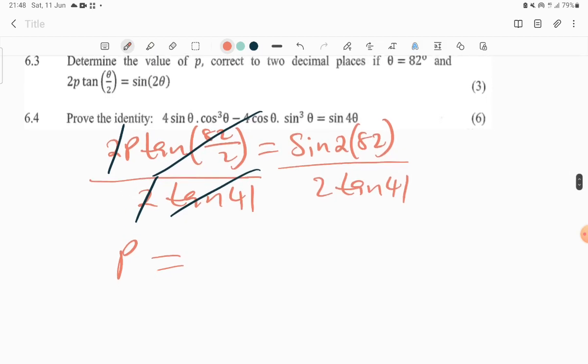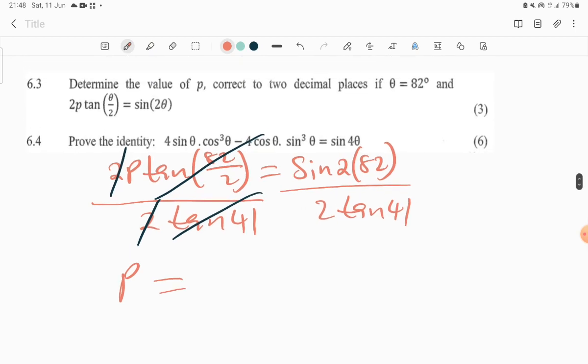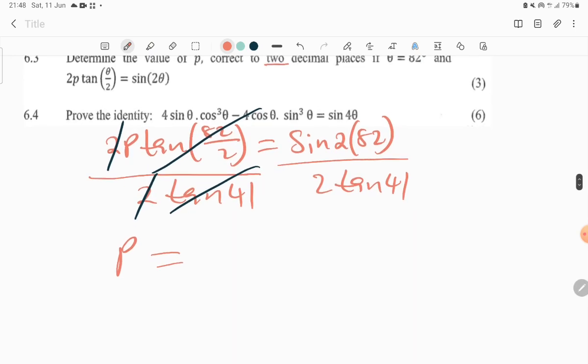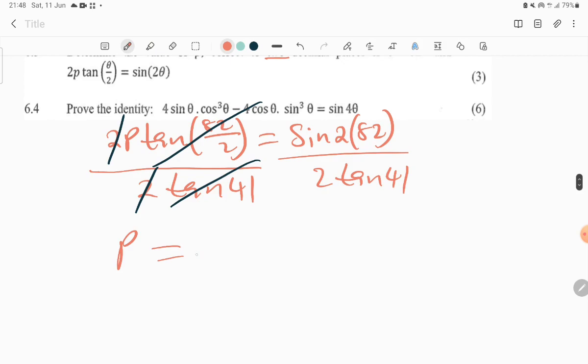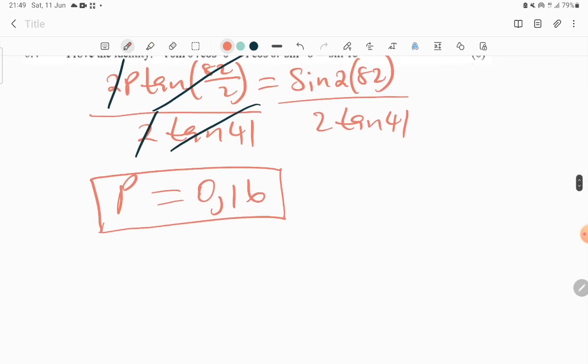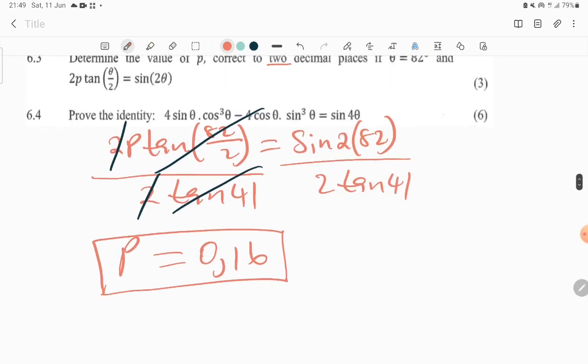The answer we get has so many decimals, but let's remember that we are rounding off to 2 decimal places. Having 0,15854222353, we can say we have 0,1, then 58, so it's going to be 0,16. So this is what we have. We have solved for the value of p, 3 marks just for grabs.